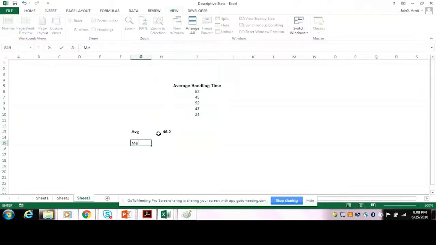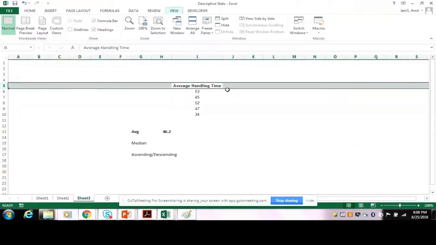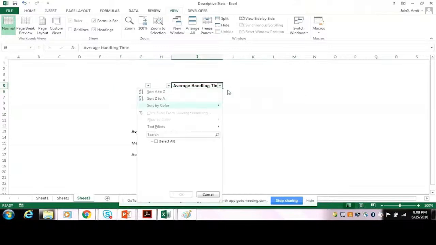So how do we calculate median? There's a way of doing it. To calculate median, first you would need to arrange the data in ascending or descending order. 34, 45, 47, yeah.